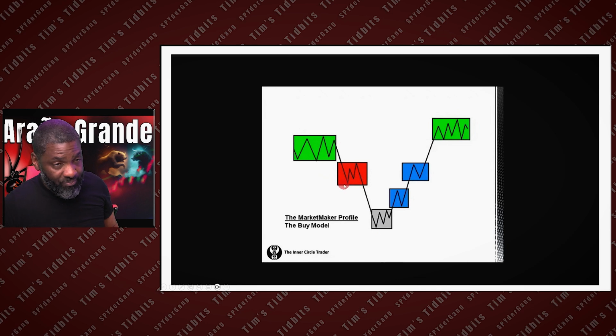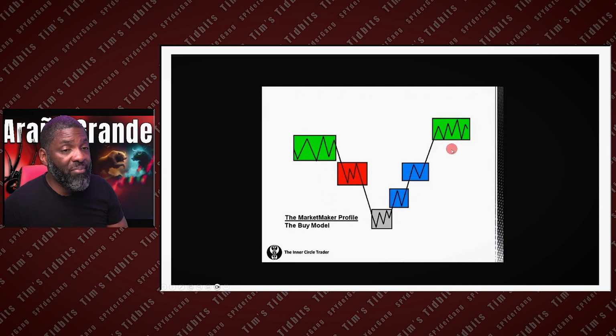Now, on market maker buy models, as price comes down, the different areas where price pauses, those are areas of distribution. When price is going up on the market maker model and it pauses, like in these blue areas, those are areas of reaccumulation.